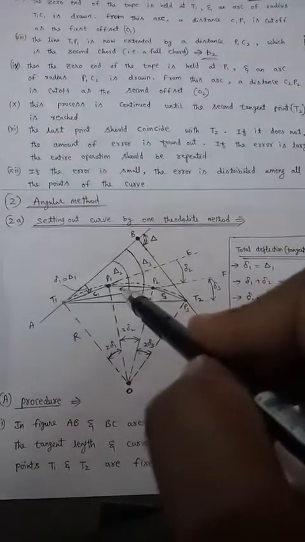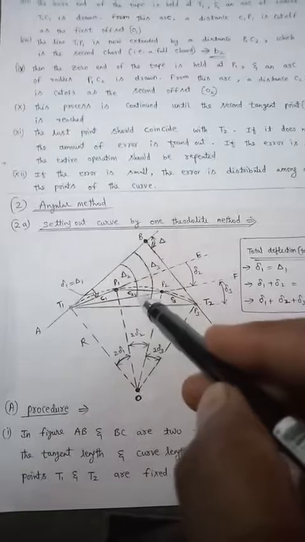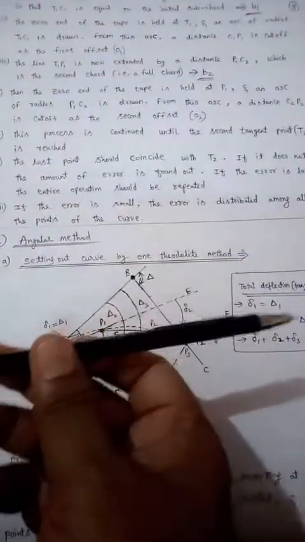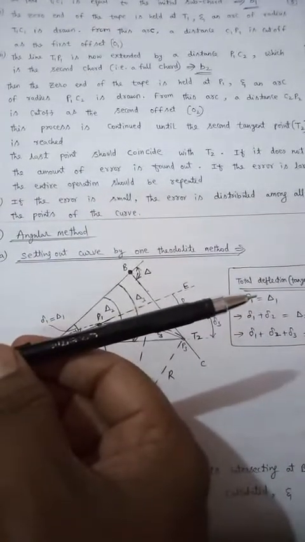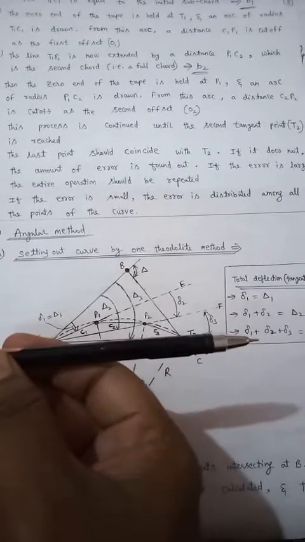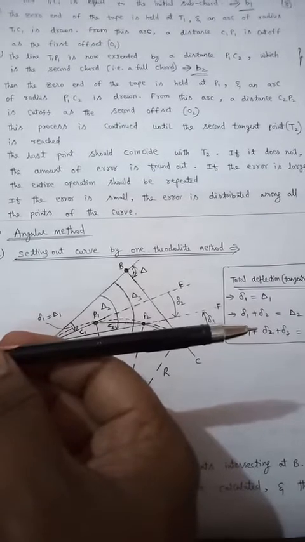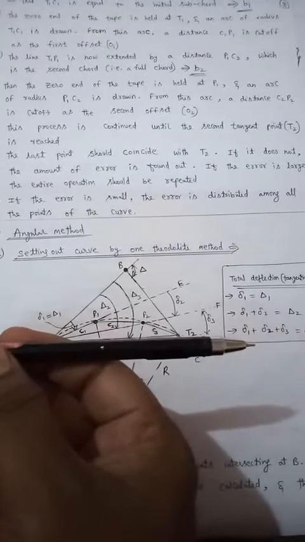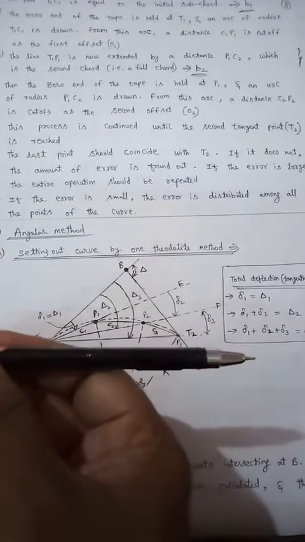So that is the normal chord length C2. Now the telescope in the line of T1F is turned in the clockwise direction from tangential angle 2 to tangential angle 3 in the line of T1T2.